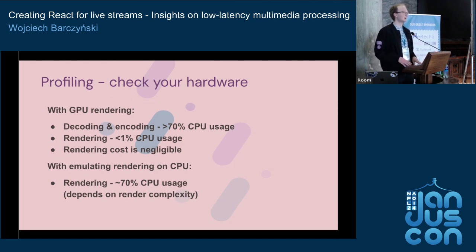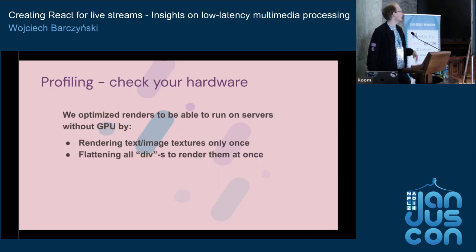And then we had a client that wanted to run it on a CPU-cores-only machine. While on the GPU the rendering cost was negligible, on the servers with emulated GPUs it turned out to be like 70% of the whole pipeline. So we had to optimize for that.